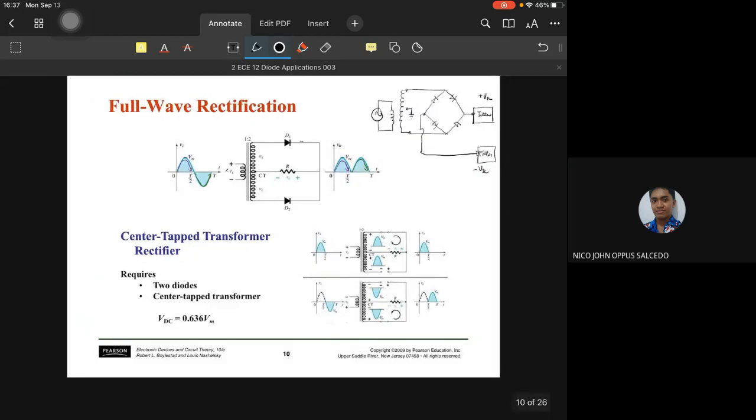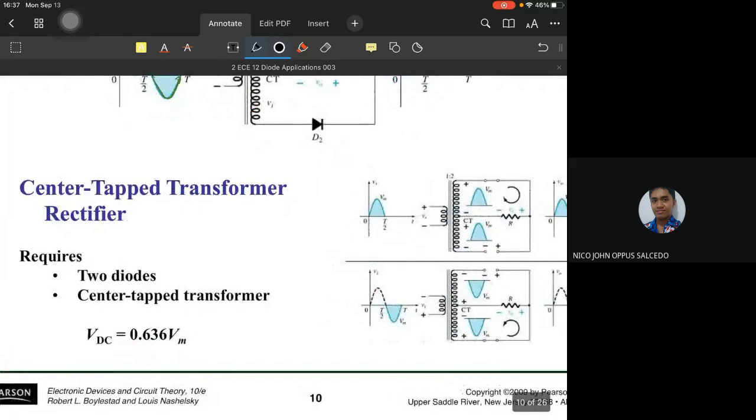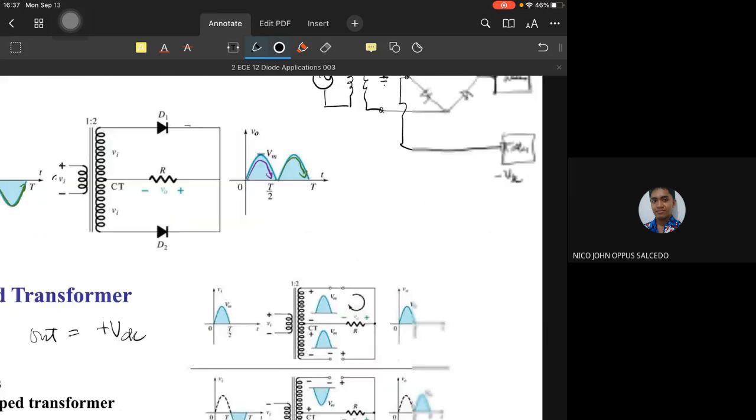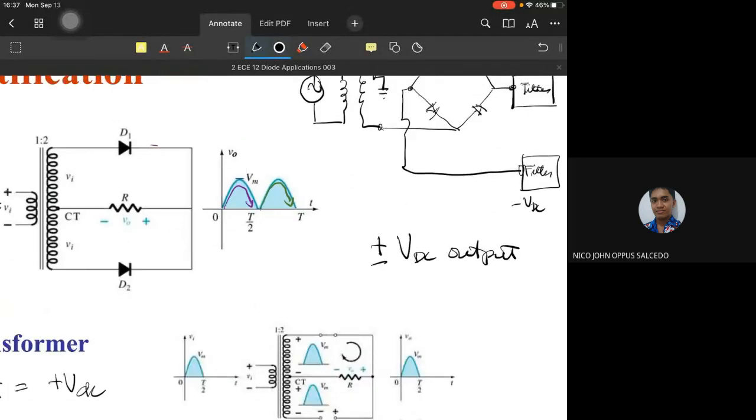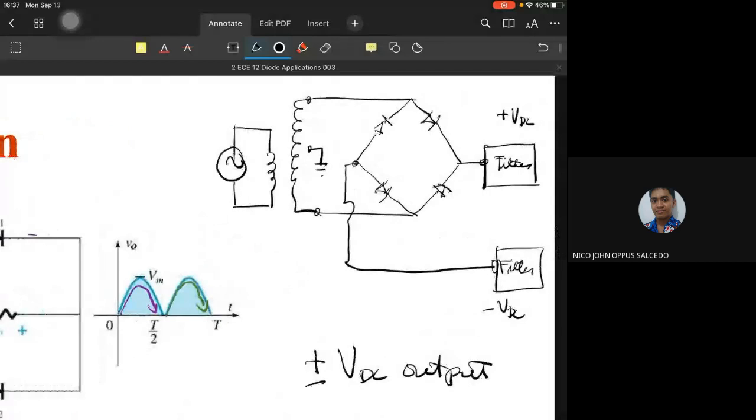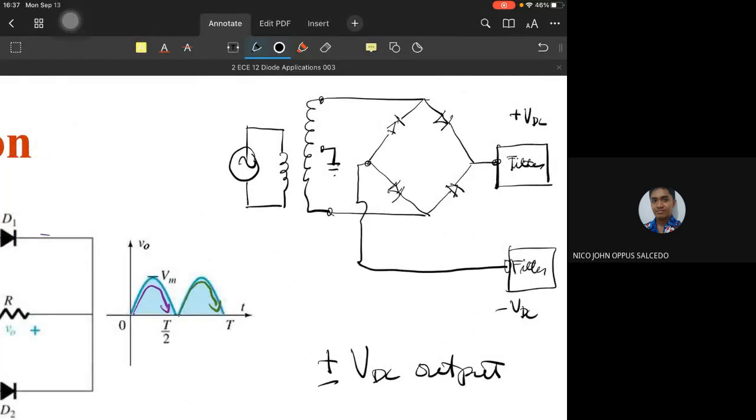And the same with the pure center tap. The output is only a positive DC voltage. But what if our application calls for both? What if our application needs a plus and minus VDC output? Okay, so remember this one: we can combine the bridge rectifier and center tap configurations so that our output is plus and minus.